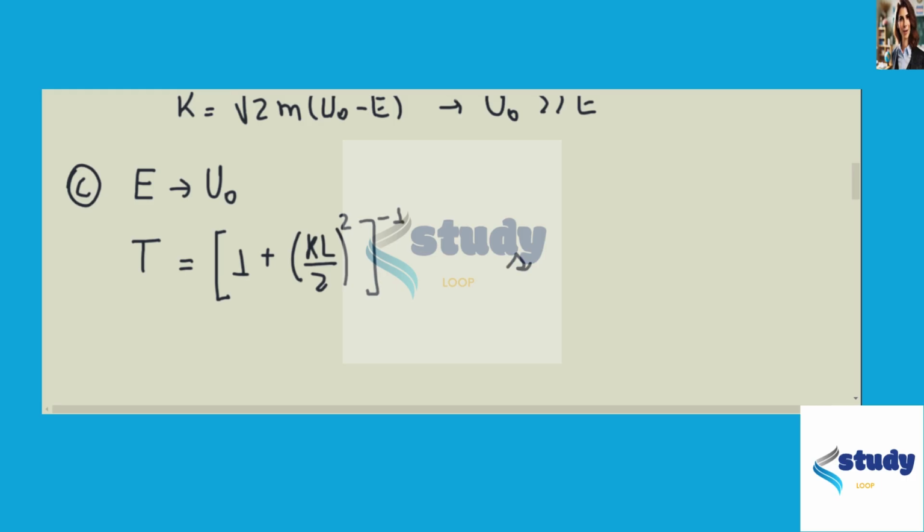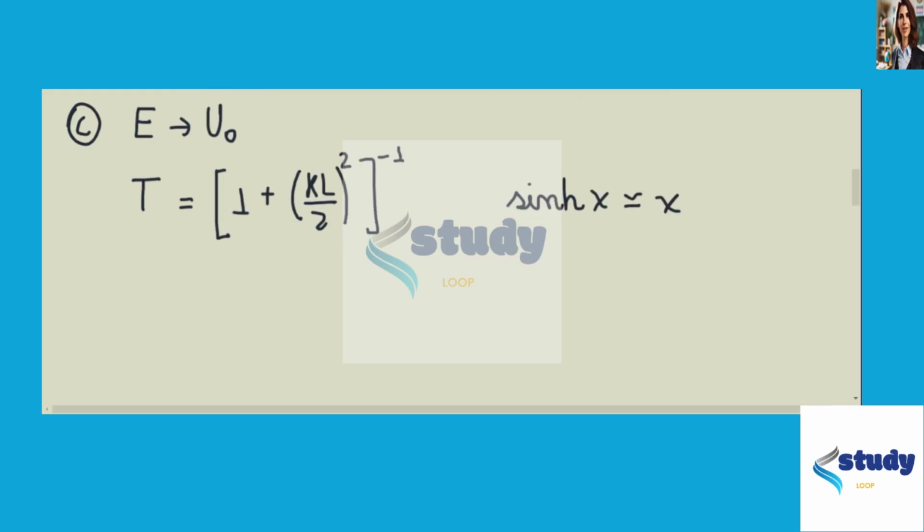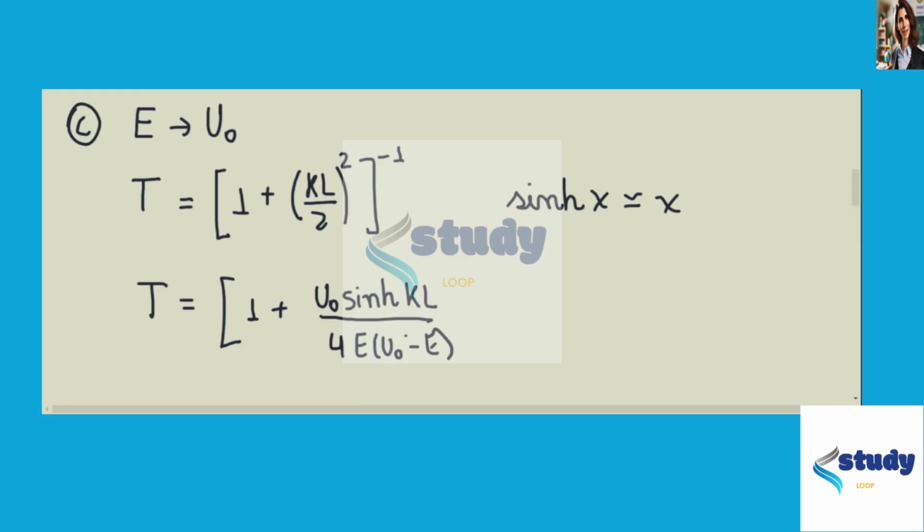Okay, and we can use that when x is much smaller than 1, the hyperbolic sine of x is approximately x. So I'm going to start by rewriting here the equation for the transmission probability. So I have 1 plus u0 times the hyperbolic sine of kL divided by 4e u0 minus e here squared minus 1.